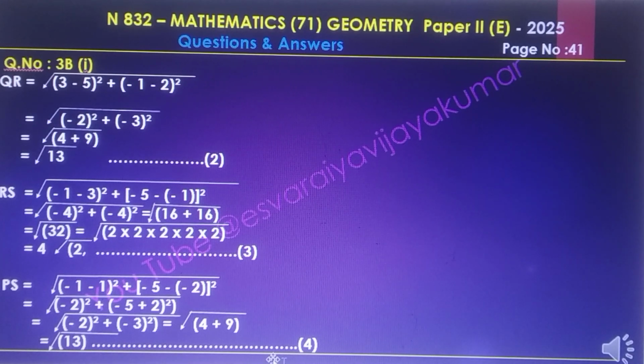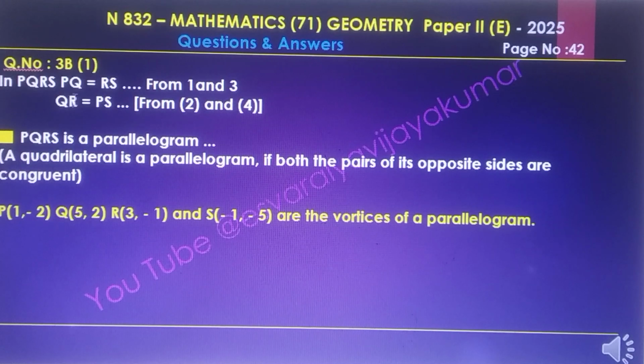Finally we are getting PQ equal to RS and QR equal to PS. So PQRS is a parallelogram. A quadrilateral is a parallelogram if both pairs of its opposite sides are congruent. So finally P(1, -2), Q(5, 2), R(3, -1) and S(-1, -5) are the vertices of the parallelogram.